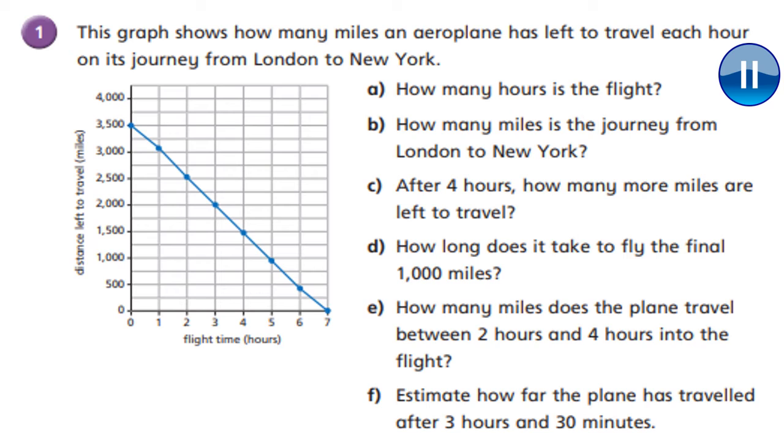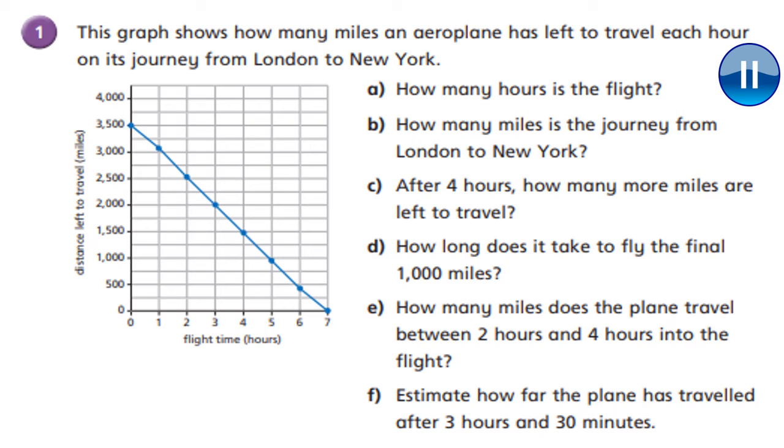A. How many hours is the flight? B. How many miles is the journey from London to New York? C. After 4 hours, how many more miles are left to travel? D. How long does it take to fly the final 1,000 miles?